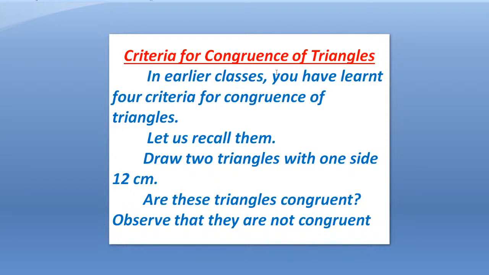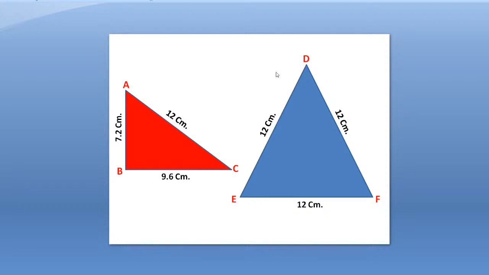Draw 2 triangles with one side 12 centimeters. Only concentrate on one side. It is 12 centimeters. That means one side is equal. Are these triangles congruent? Observe that they are not congruent. One side is 12 centimeter in both triangle ABC and DEF.